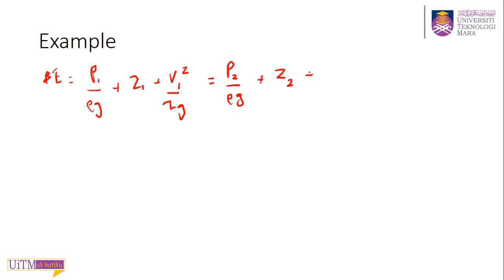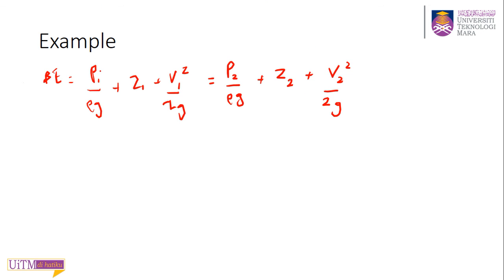Okay, sorry. So P1 over rho g plus Z1 plus V1 squared over 2g is equal to P2 over rho g plus Z2 plus V2 squared over 2g.